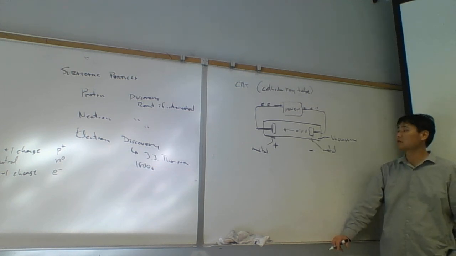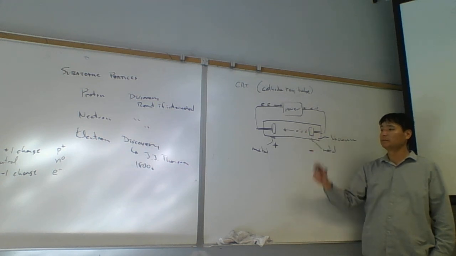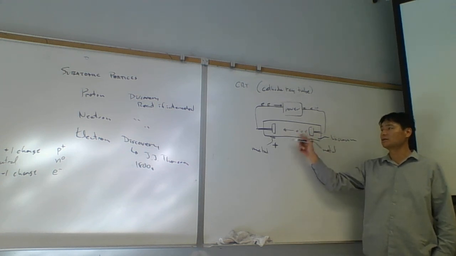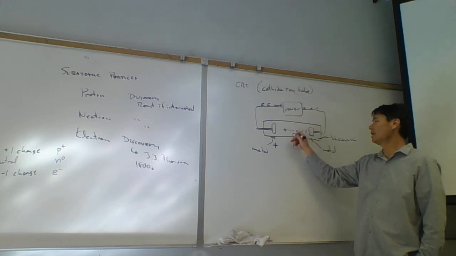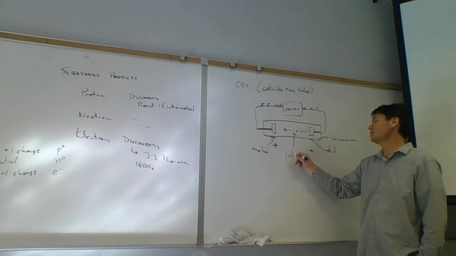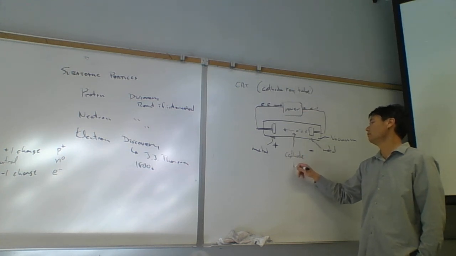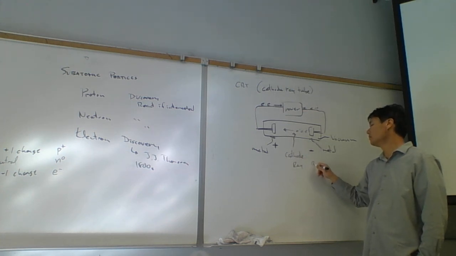We can generate electrons by cranking up the voltage here. That's it. Making a little discharge, either a lightning bolt or a nice beam. When we have a nice beam, we call it a cathode ray rather than a lightning bolt. So this is a cathode ray, which is a beam of electrons.